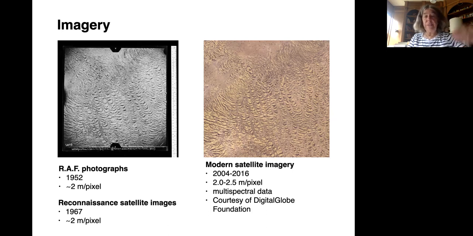So he's got two data sets from these old photographs from the 50s and the 60s. And then he also acquired some modern satellite images by writing to this Digital Globe Foundation that collects these for places like Google Maps. And they gave him what they called a grant, which was that they gave him some of these. So he tracked down these images.